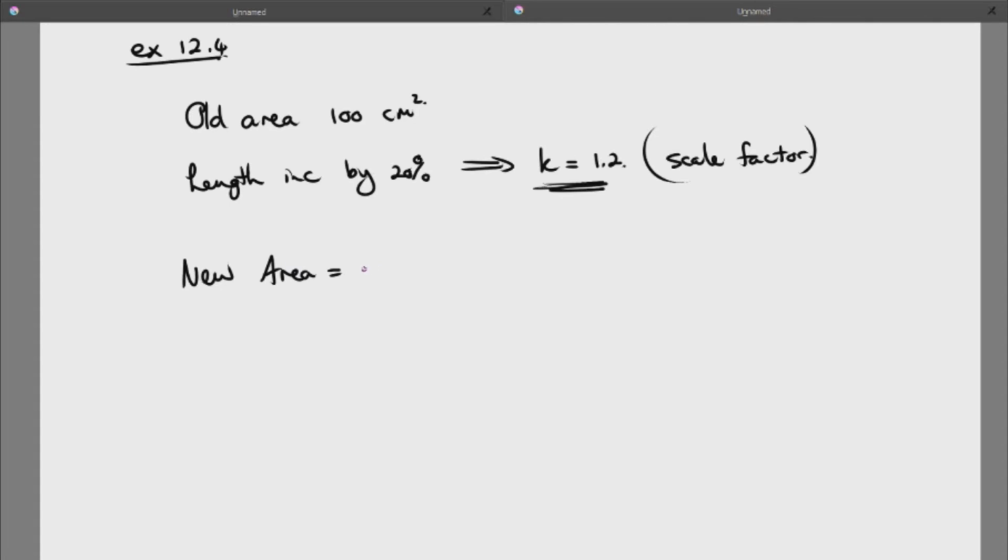The area factor, I can't call it scale factor because it's area, but I know it's linked to the scale factor, k squared, times the old area. So that tells me it's 1.2 squared times the original 100 square centimeters, and I get an answer. So don't worry about the calculation, worry about the setup yet again.